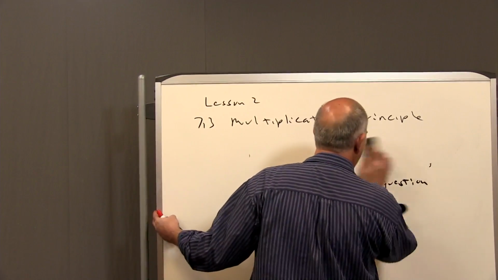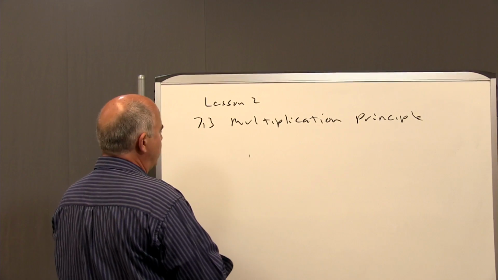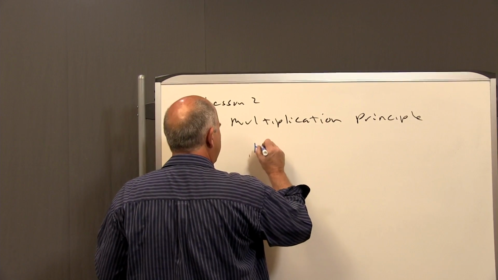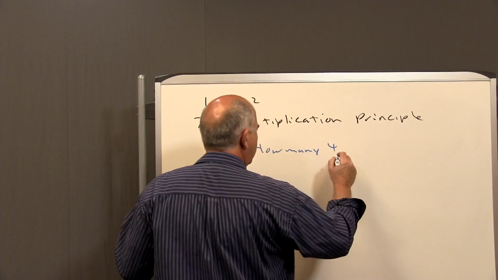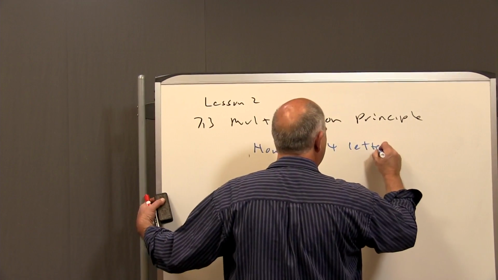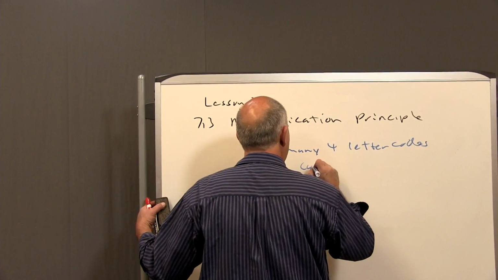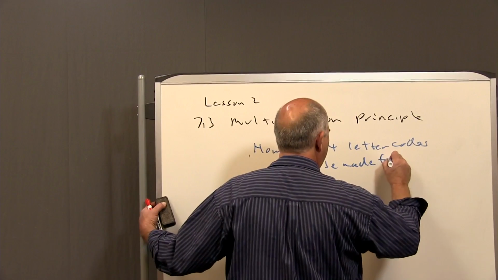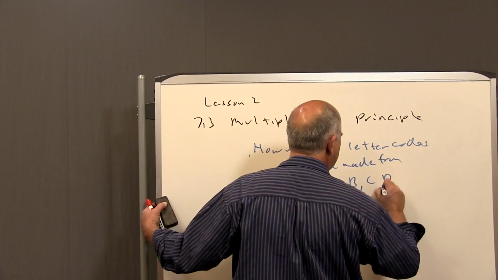Or throw out one more maybe. How many 4-letter codes can be made from the letters A, B, C, D, E?